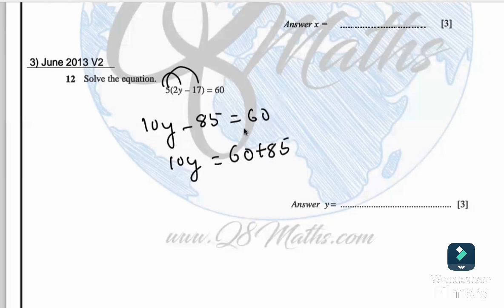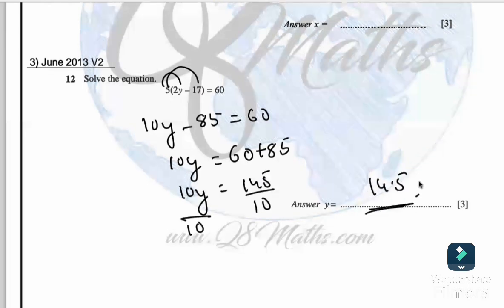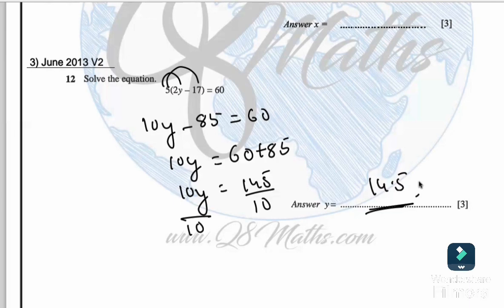So 85 plus 60, which is going to be 145. So 10y is equal to 145, and divide by 10 on both sides. Therefore, y is 14.5.